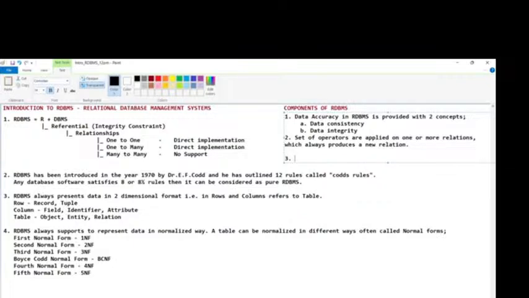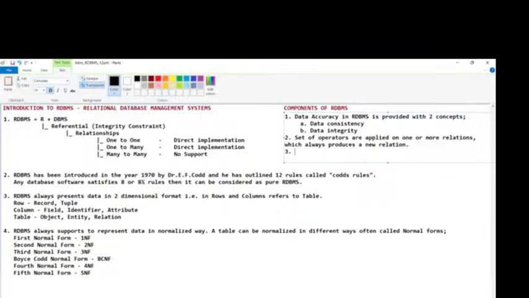Every database, every language that we use in computers, 100% you could find operator support is available. Set of operators we are going to apply on one or more relations, one or more tables.